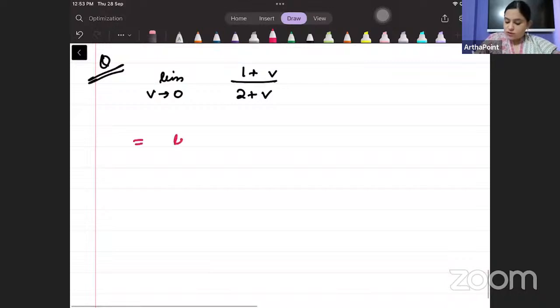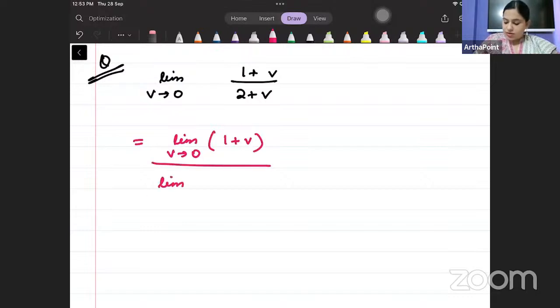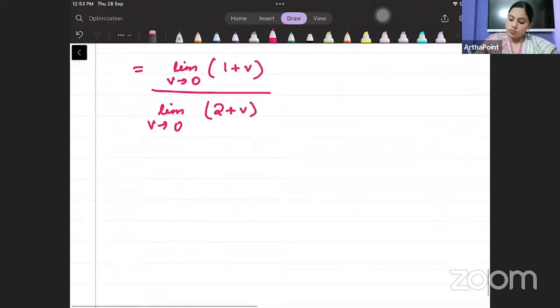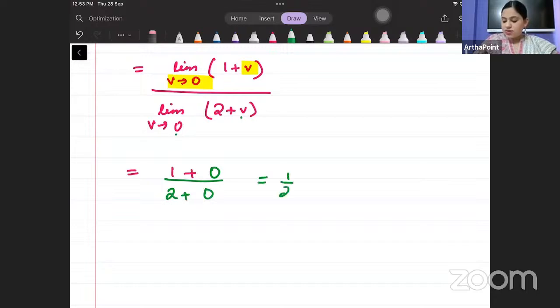So beta this is going to give you limit v tends to 0, 1 plus v upon limit v tends to 0, 2 plus v. So beta ये हो गया 1 plus, instead of v just put 0 upon 2 plus, instead of v just put 0. So beta this will be half. Clear?